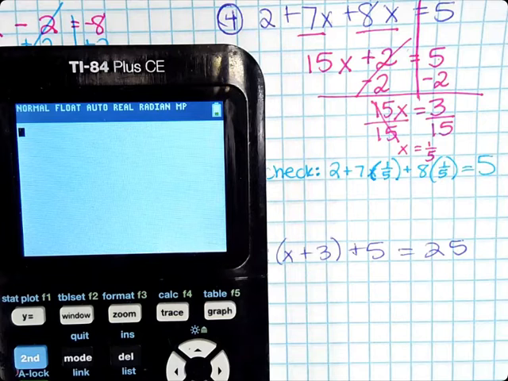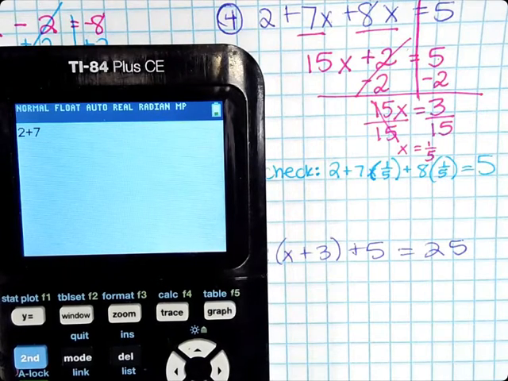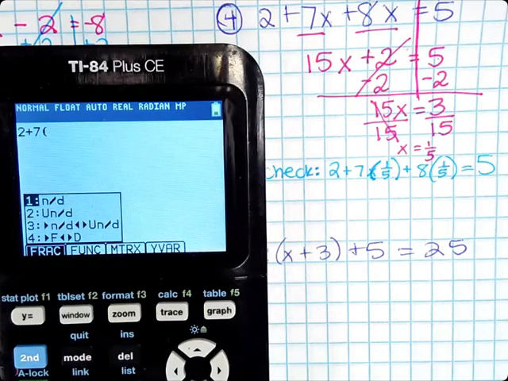So put that in the calculator. I need everybody to do that, on the calculator around your desk, or if you have one that you have already checked out from the library. Remember how to do the fractions? Alpha, y equals, to get your fraction.